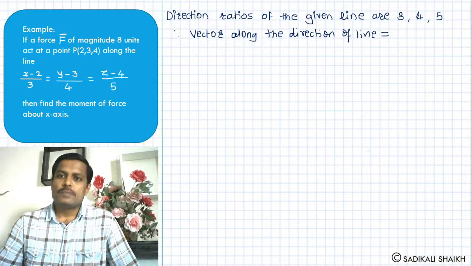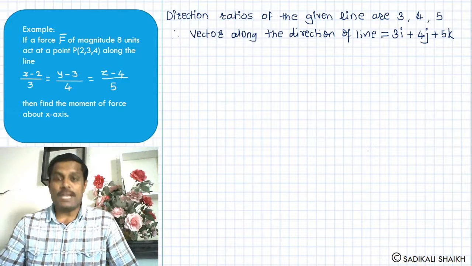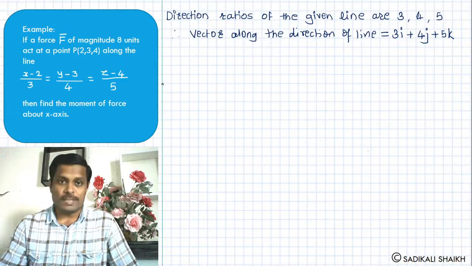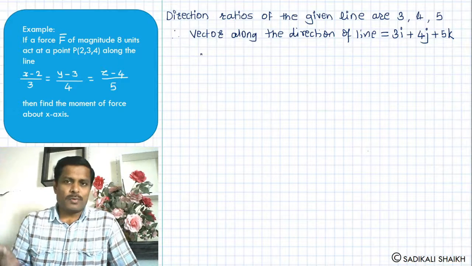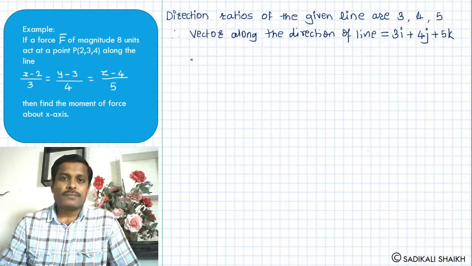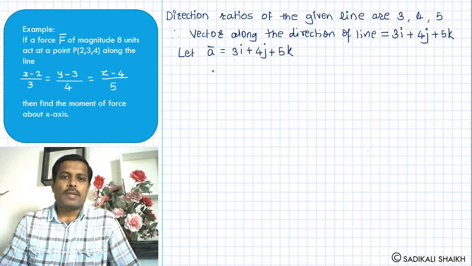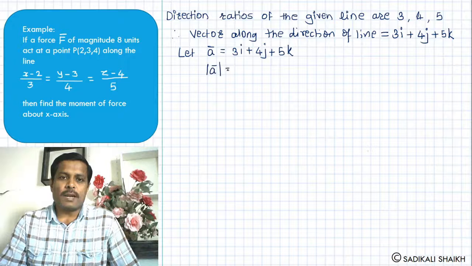is equal to, देखिए ये फर्स्ट जो डायरेक्शन रेशियो है उसको i से मल्टीप्लाई कीजिए, प्लस सेकंड को j से मल्टीप्लाई कीजिए, देन ऐड विथ थर्ड वन 5 को k से. तो ये है आपका वेक्टर जिस डायरेक्शन में आपको फोर्स चाहिए. ओके, तो सेम चीज यहां भी आपको ये चेक करना है कि वेदर दिस वेक्टर इज यूनिट और नॉट, और नहीं है तो यूनिट बनाना है. तो लेट उसको हम एक नाम देते हैं, a bar is equal to 3i plus 4j plus 5k, and now calculate the magnitude of this a bar.